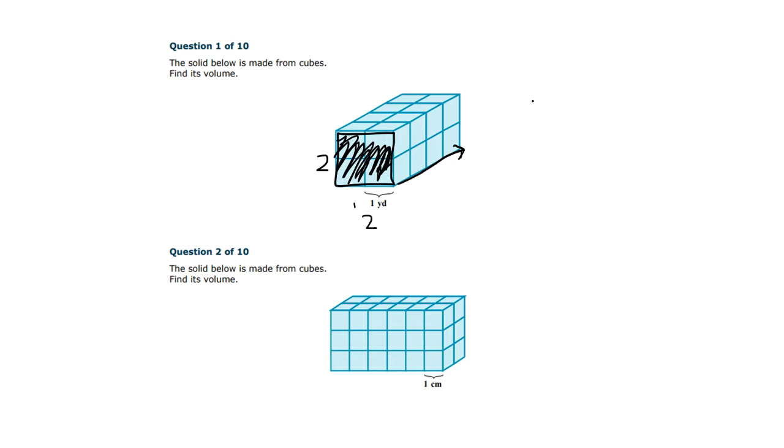So 4 times 4 is 16. Okay, now when we do volume, the answer is always going to be in units cubed. Okay, because this was 2 yards and this was 2 yards, and when we multiply those together, we get 4 yards squared.